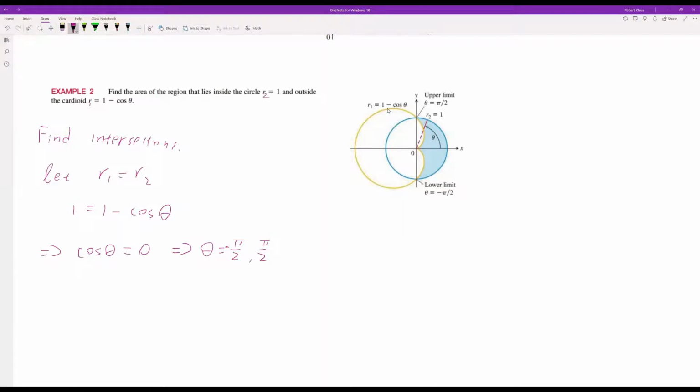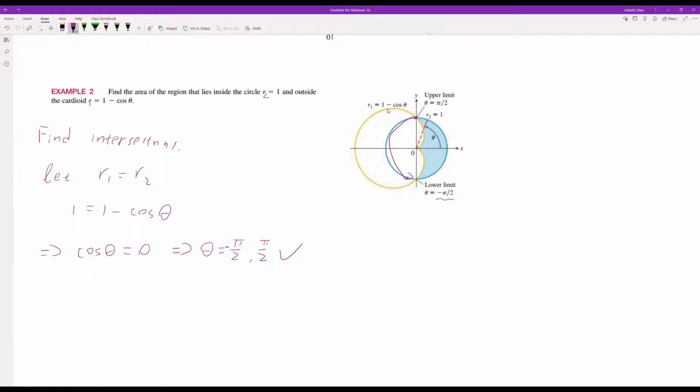All right, outside of the cardioid, and then inside the unit circle. So we can see that it's actually on the right hand side, right, which goes from negative pi over 2 to pi over 2. Right, so we are correct, right? If we took pi over 2 to 3 pi over 2, then we will get a different area for this definite integral.